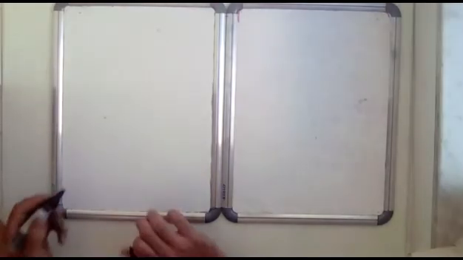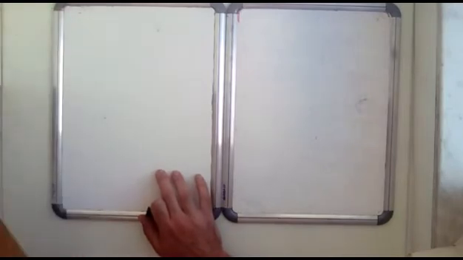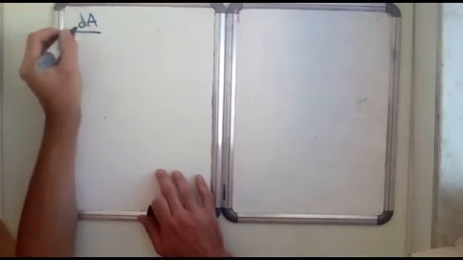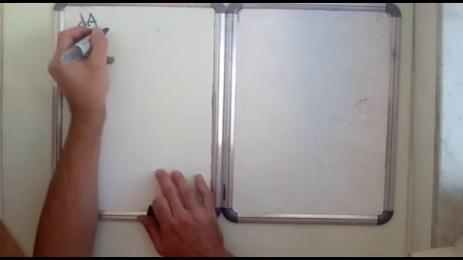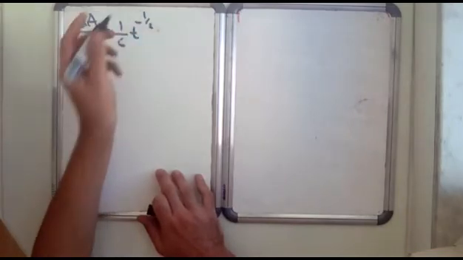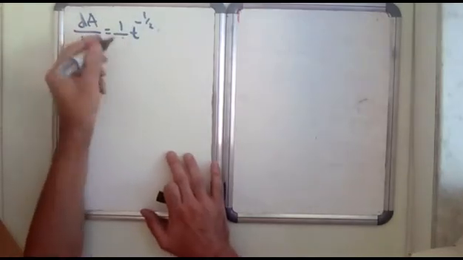Okay, so for part C, it says explain why d squared A by dt squared is less than 0 for t between 5 and 18 inclusive. Comment on the significance. So remember, dA by dt, the first derivative, was 1/6 times t to the minus a half. So yes, we kept this index form because we're going to use it now.